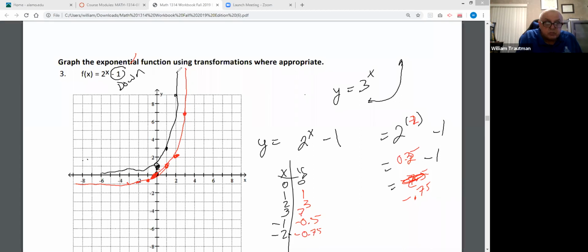So this was what our black graph was looking like, and there's our other graph. This could have gone up straight. So this minus 1 just moved the graph down 1. And it's a little different. We had a 3 and they had a 2. So it looks about the same. That -1 shifts the graph down, just like we did previously with our shifting of the graph.